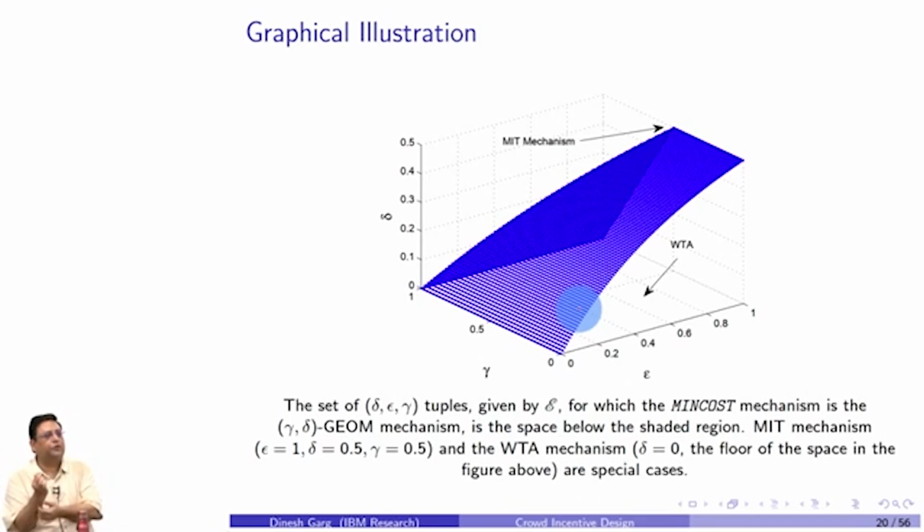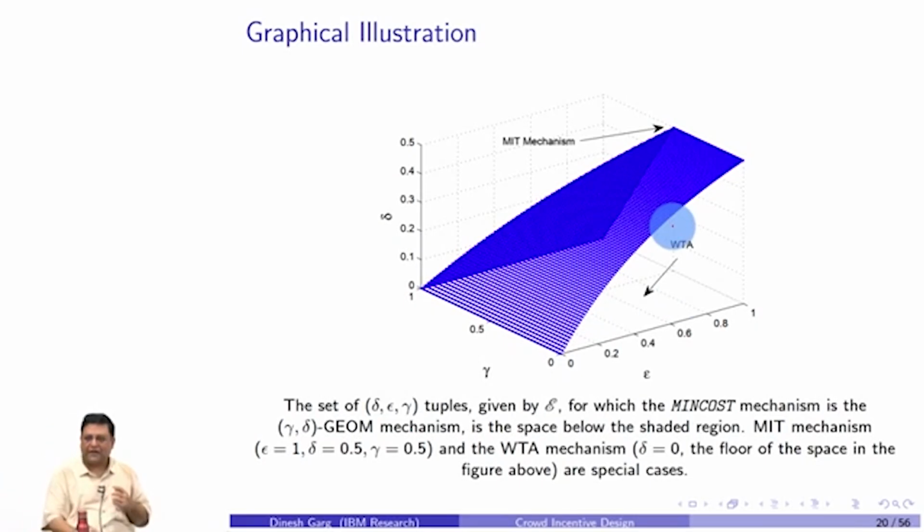For such a combination of parameter values, epsilon, delta and gamma, I can give you a mechanism. You give me any point in this region, I will give you the scheme which satisfies all those three properties with epsilon, gamma, delta. But if you give me some point above this blue region, I will not be able to give you.